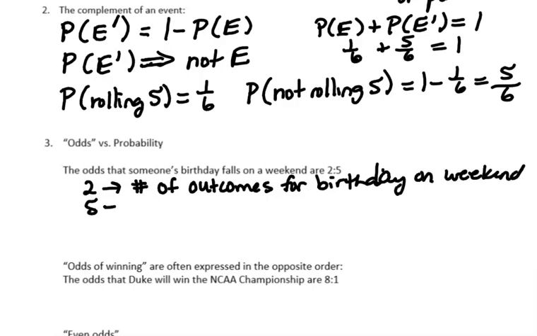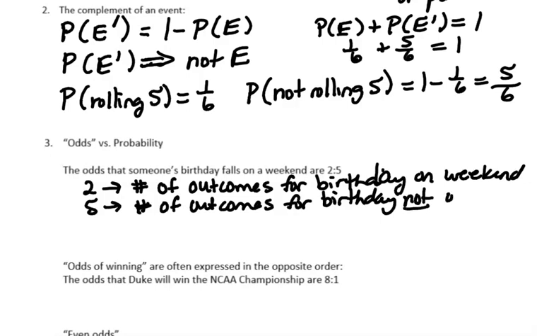And 5 is the number of outcomes for birthday not on the weekend. So basically those two things are complements of each other.